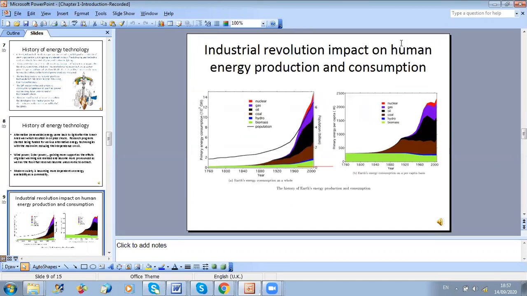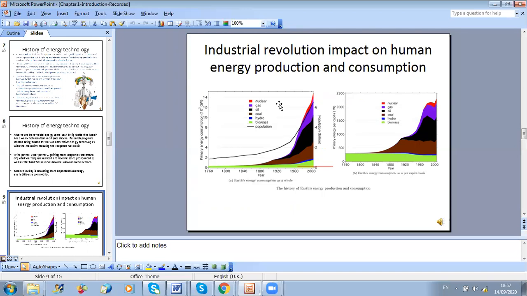Now, as you can see in this graph, we represent the variation of energy production and consumption using several types of energy, the products that will give us energy. For example, you have nuclear power, gas power, oil power, coal power, hydropower, and for all of these types, the trend is the same.